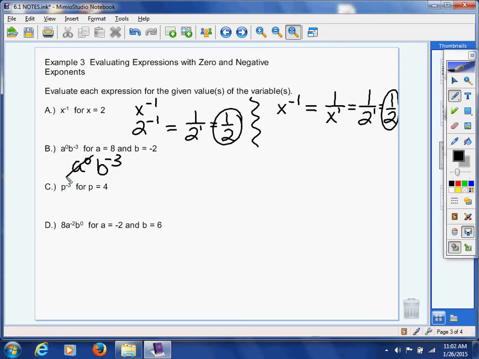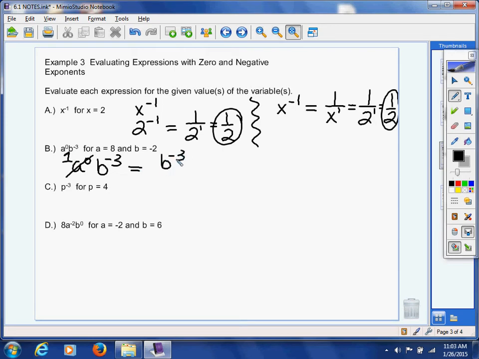You don't need to plug in the number for that, because remember what I told you, any variable, any number, any fraction, any decimal raised to the 0 power is always 1. And you got it. So you can actually ignore that. That's just 1. And now it's really just 1 times b to the negative 3.